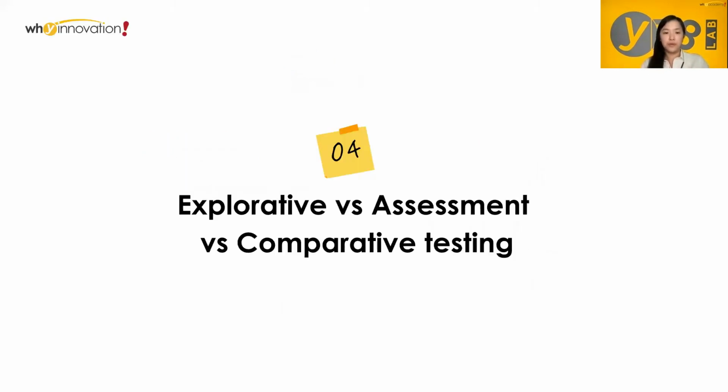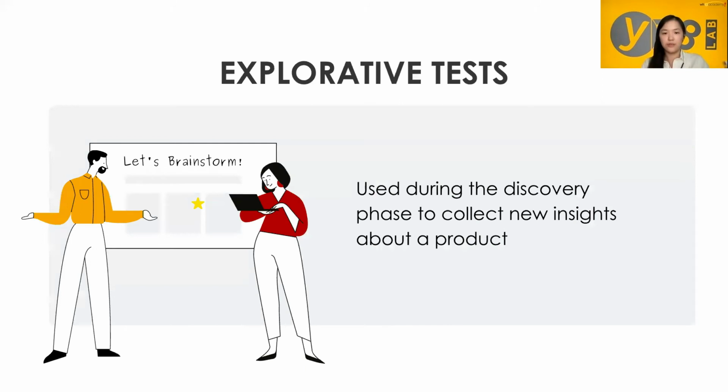And the fourth approach, we have explorative, assessment and comparative testing. Let's take a look at each of these very quickly. Explorative tests are usually used during the discovery phase, to collect new insights about a product. Participants are asked to brainstorm, give their opinions, feedback, new ideas and concepts. So this is where we discover and explore new things.